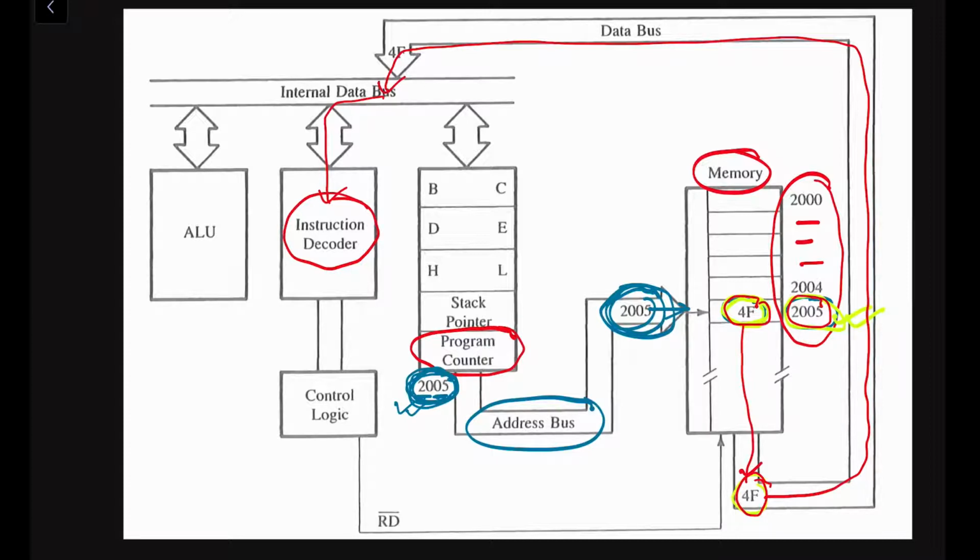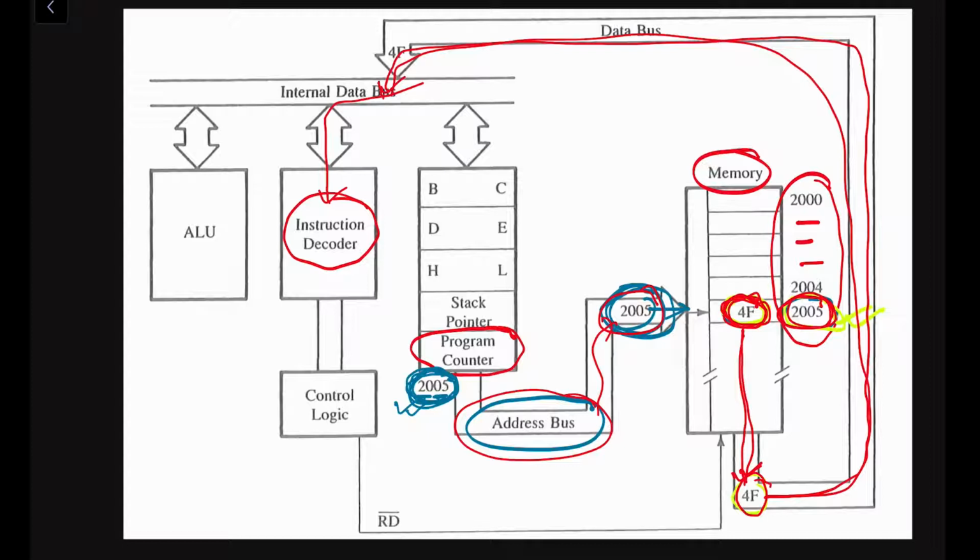Here we can see we are sending this memory address through the address bus. This memory address will be understood by the memory unit, and it will hand over the content of the memory address through the data bus, and it will come to the microprocessor. This is the opcode fetch operation. We have fetched the opcode 4F from the memory. So this is the operation.